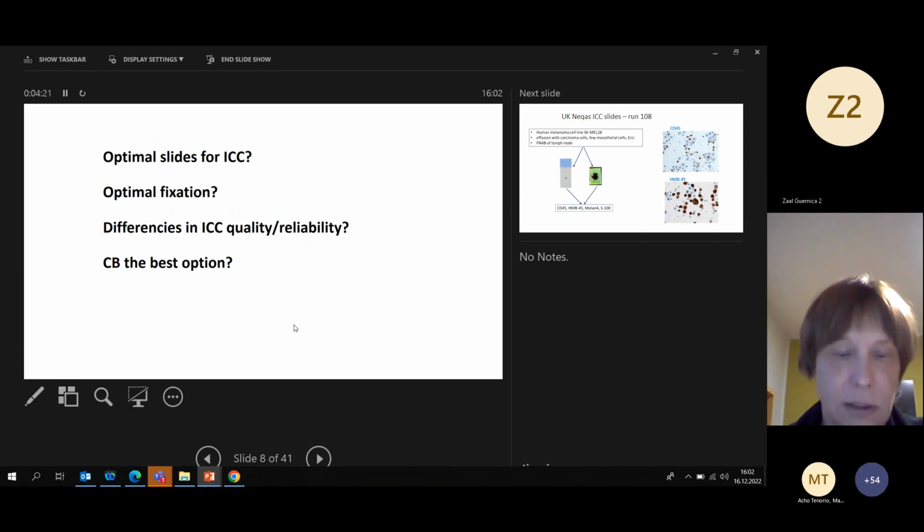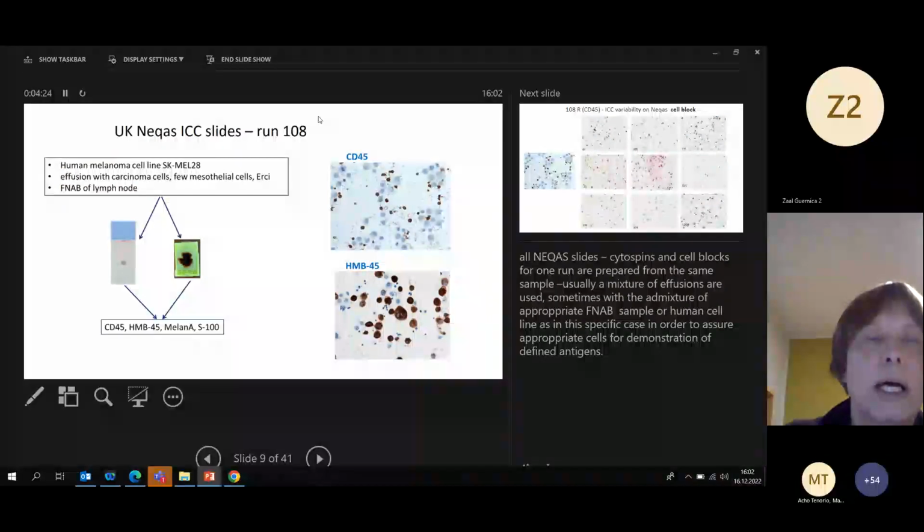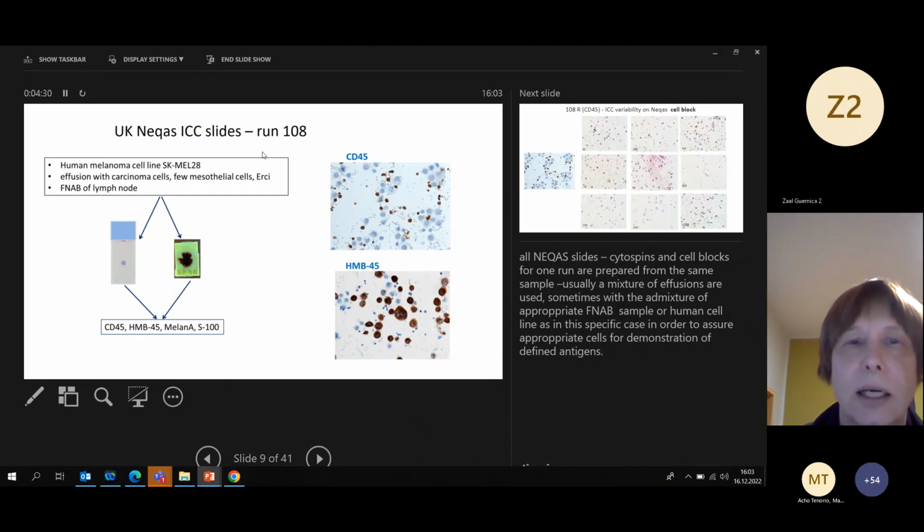In order to answer these questions, I will use examples and images from the UK NEQAS assessment for Run 108, where the slides, cytospins and cell block sections, were prepared from a mixture of a human melanoma cell line, effusion with carcinoma cells and some mesothelial cells, and also lymphocytes from a lymph node FNAB.